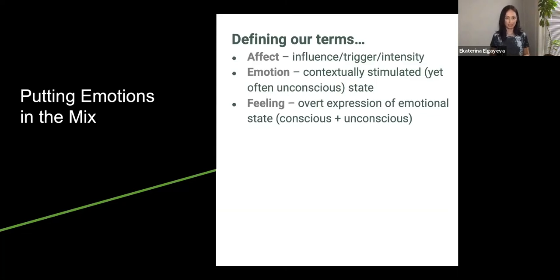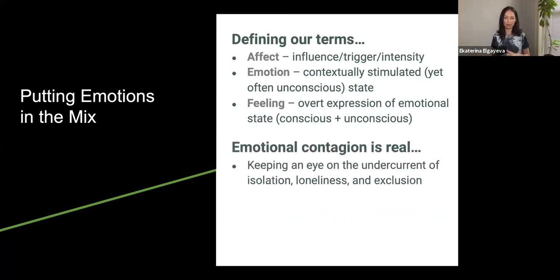So affect is the first thing I want to define, which is the influence, the trigger, and then the intensity. So that is the contextual stimulus for an emotion and thereafter a feeling. So an emotion is a contextually stimulated, oftentimes unconscious state. And our feeling is that overt expression of the emotional state, whether it is conscious or unconscious. So it's important to define our terms, and I'll tell you why.